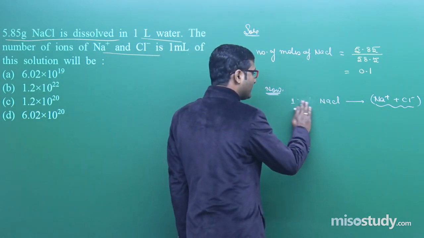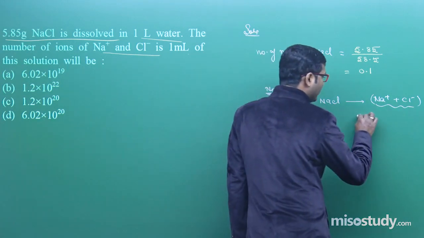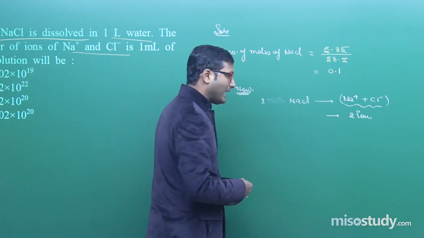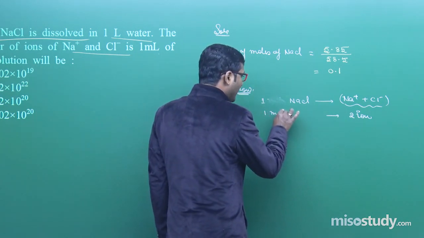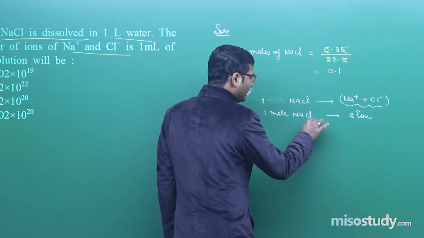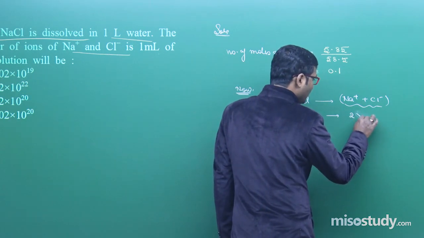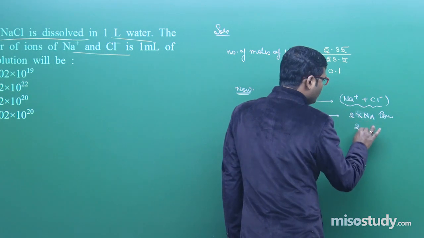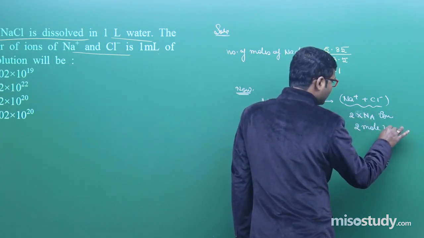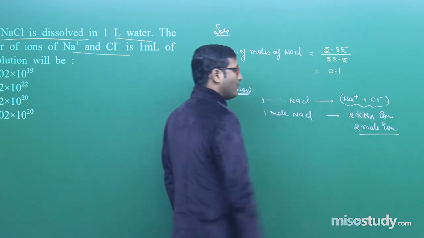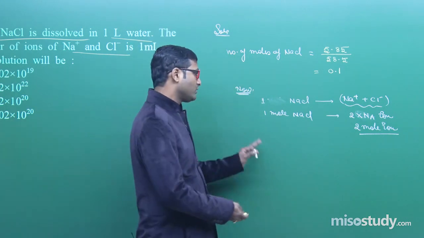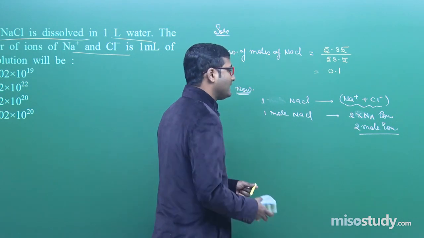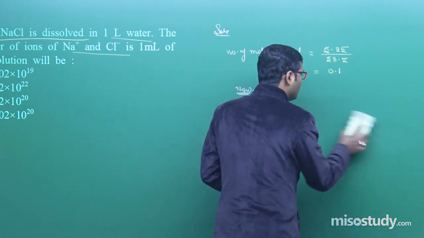We can write like this: 1 NaCl contains 2 ions, 1 cation and 1 anion. So 1 mole NaCl will contain 2 into Avogadro number of ions, or you can say 2 moles of ions, because 1 mole is equal to Avogadro number 6.022 into 10 to the power 23. Is it clear? 1 mole NaCl contains 2 moles of ion.